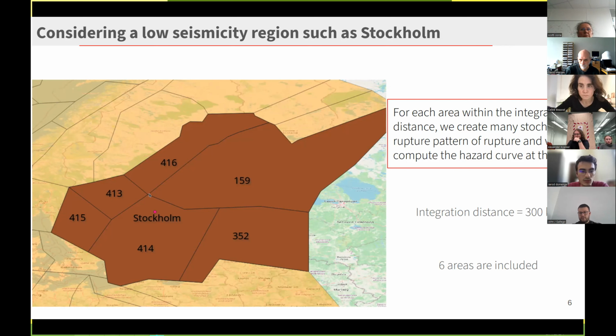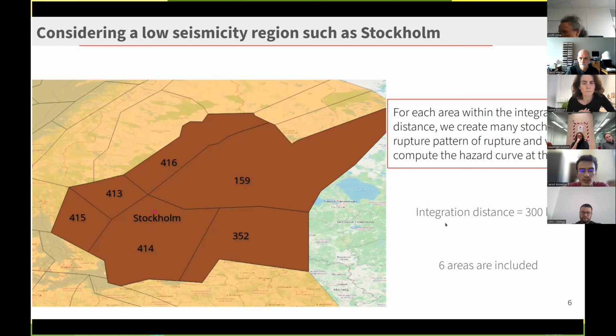So in the ESHM20, they made some zonation of area. And because we want to compare these two results, we take two cases. The first one is a city that has a low seismicity, such as Stockholm. As you can see, we take all this area into consideration for our calculation.